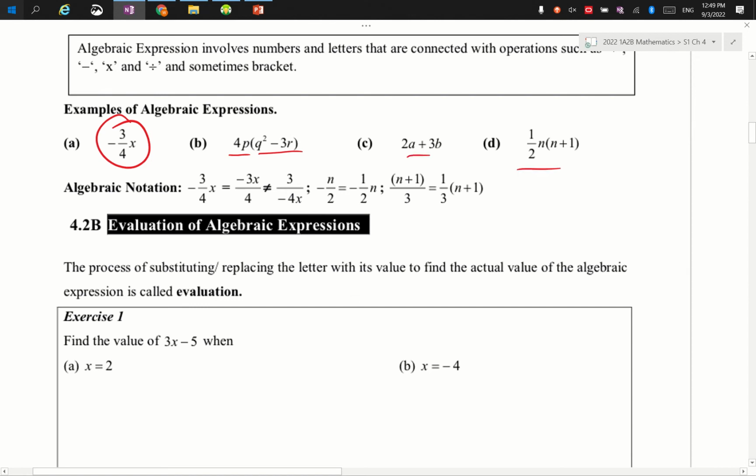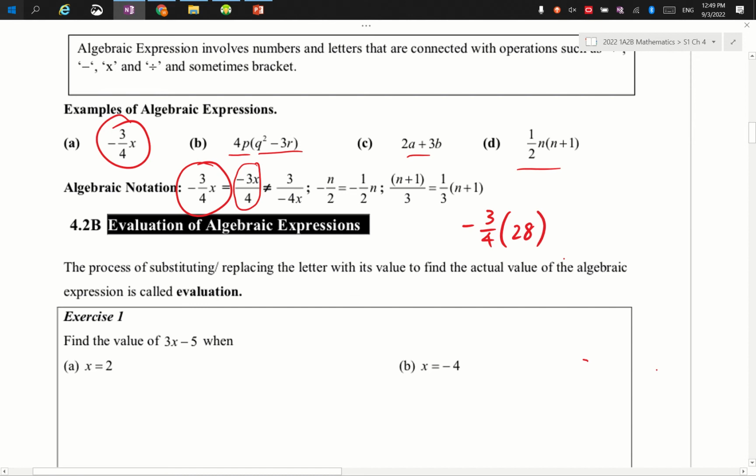And then notation wise, our negative 3/4x can also be written as negative 3x over 4. Just to convince you that they are the same. Negative 3/4x, right? Let's choose x value to be, what would you like x to be? Let's say 28.